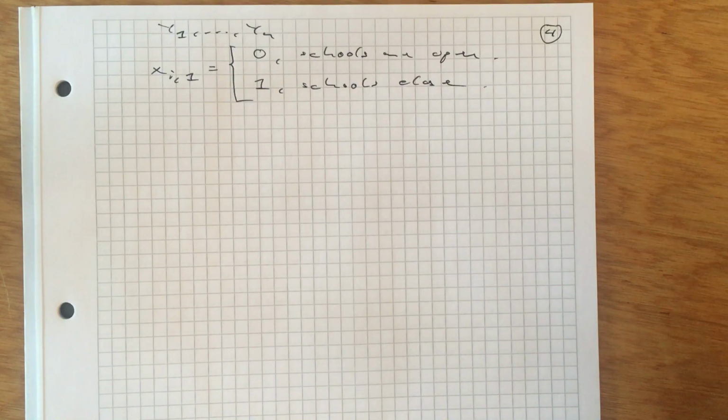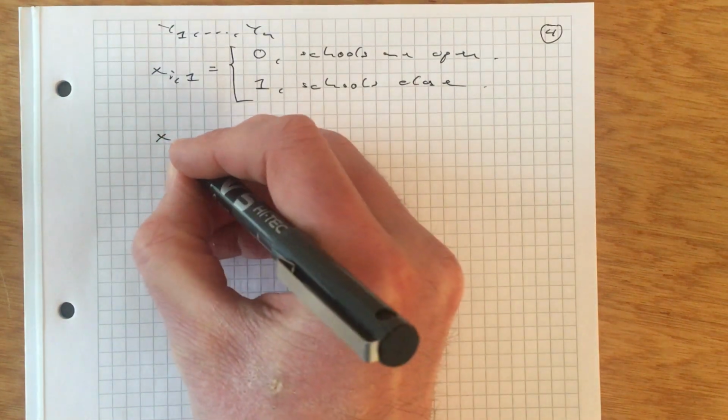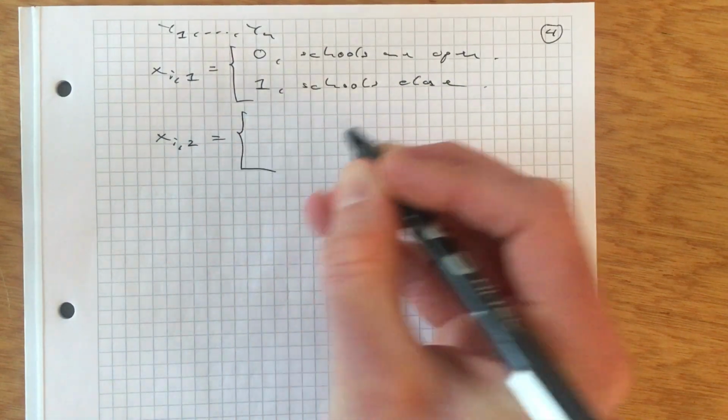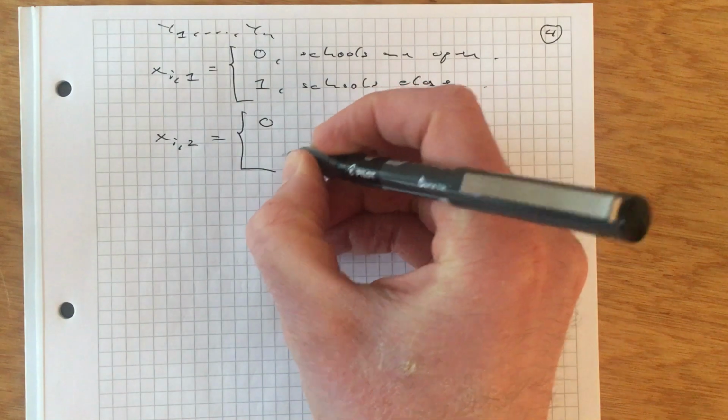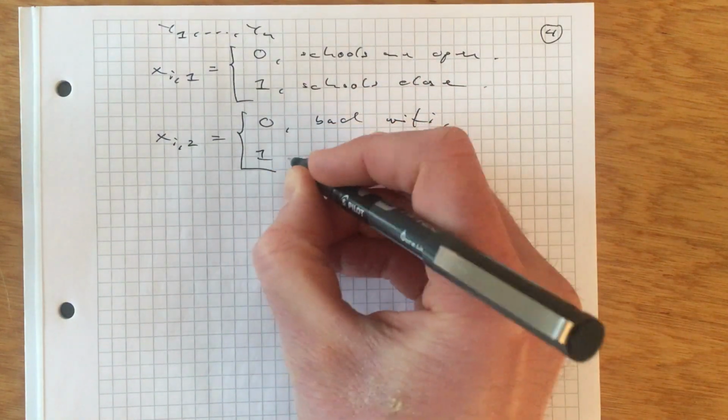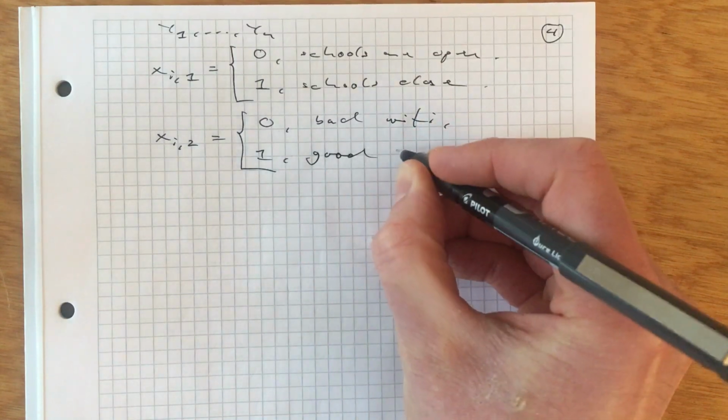The kids might be more likely to stay at home if the Wi-Fi connection in the given country is good, while if the Wi-Fi connection is bad, then it's harder to do online teaching and you can't have fun on the internet, so you might go outside and play football and meet your friends and spread the virus. So let's make an indicator. We suppose that we have this xi2 indicator for all these n countries, taking the value 0 if the country has bad Wi-Fi, and taking the value 1 if the country has good Wi-Fi.